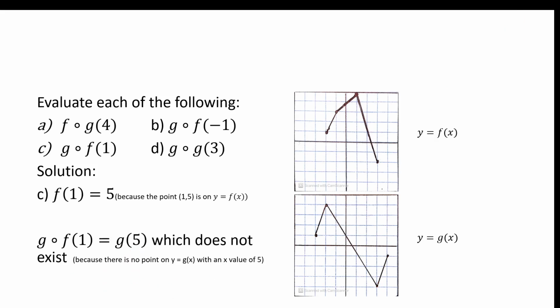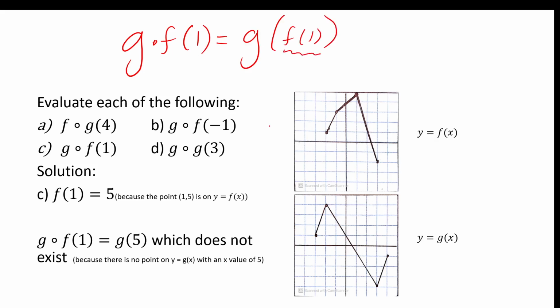Okay. For part C, we're looking for g of f of 1. So I like to just write it out this way first sometimes. Let's find out what f at 1 equals. Since the point (1, 5) is on f, that means f of 1 is 5.